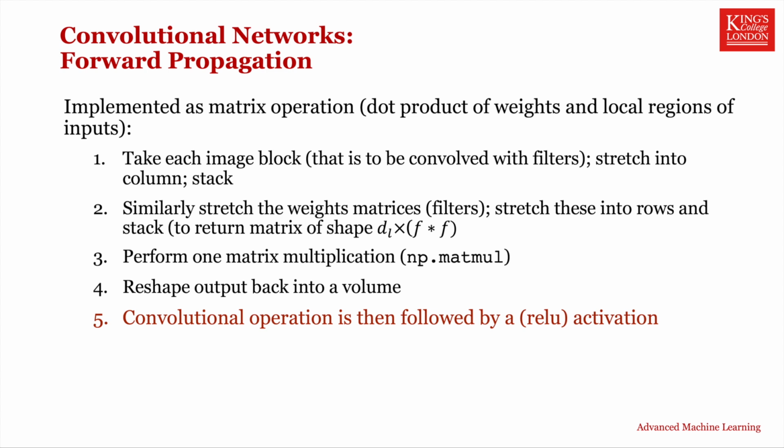And if the same operation is essentially performed on the weights tensors in order to convert these into a 2D matrix where the columns correspond to the number of weights per kernel, so F times F or 9 in the previous example, and the rows equal the total number of kernels DL, then convolution may be simply performed through matrix multiplication. Not forgetting thereafter that, as with MLPs, CNNs must follow convolutions with element-wise activation operations in order to ensure that the networks can learn nonlinear functions.